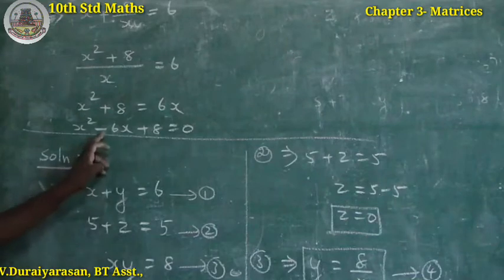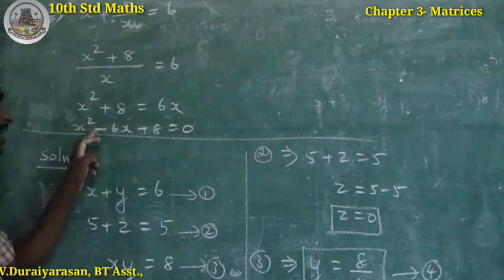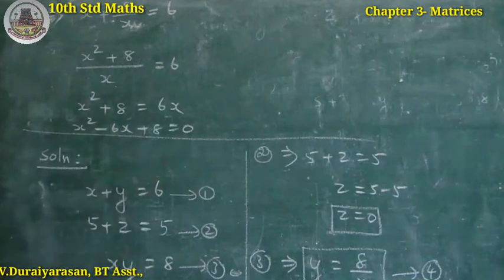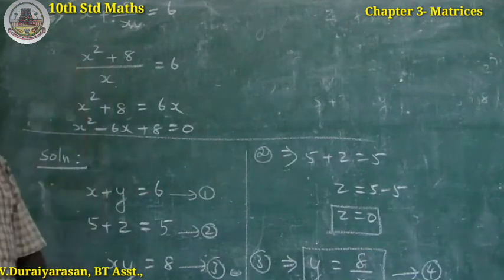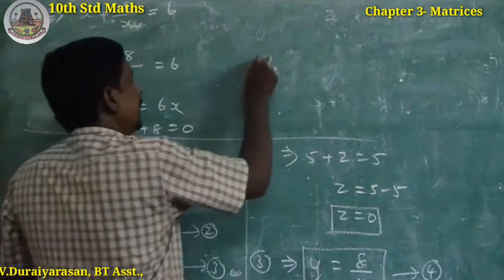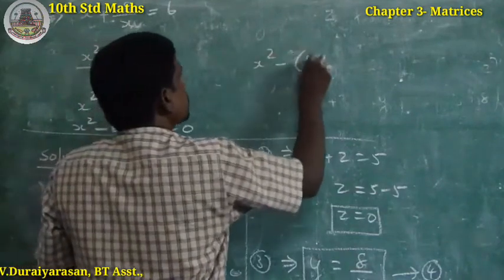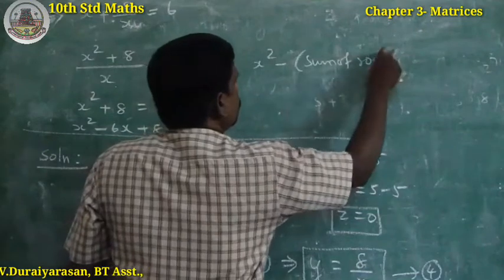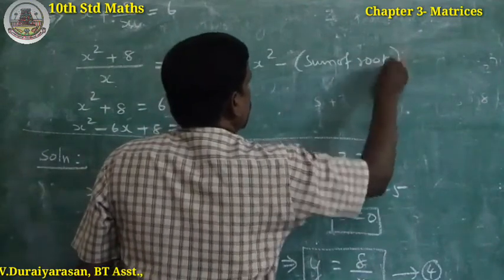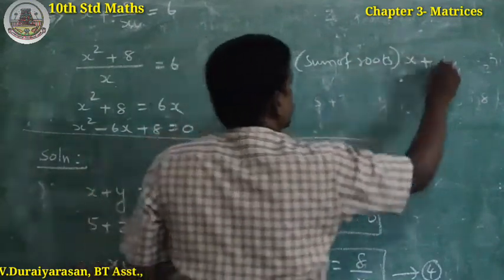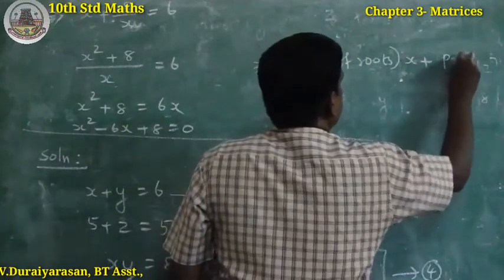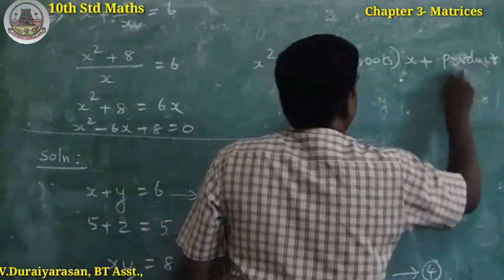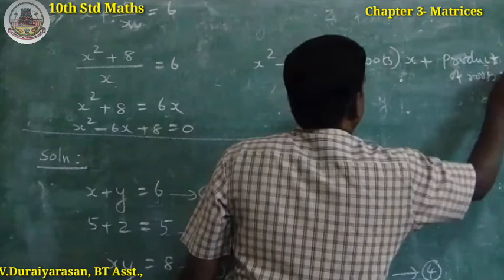What is this? Quadratic equation. Factorize the quadratic equation. What is the formation of a quadratic equation? x square minus sum of roots into x plus product of roots is equal to 0.